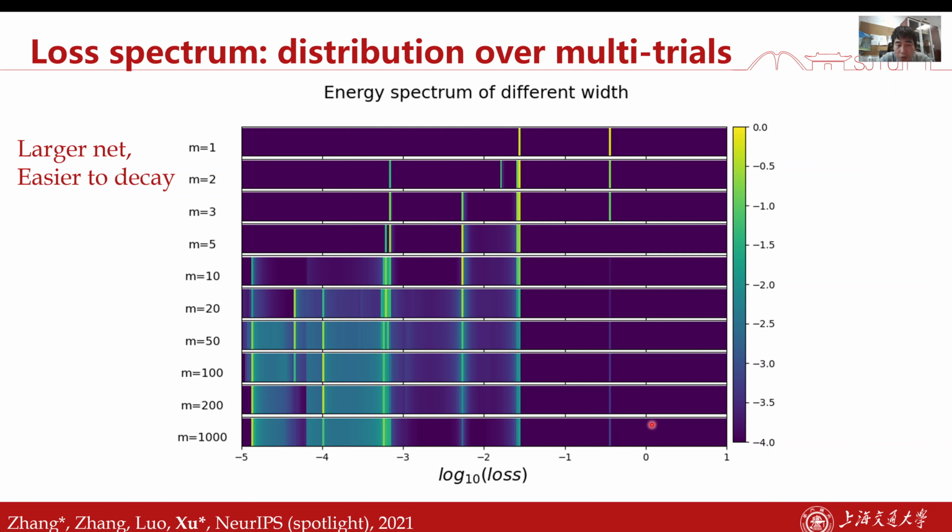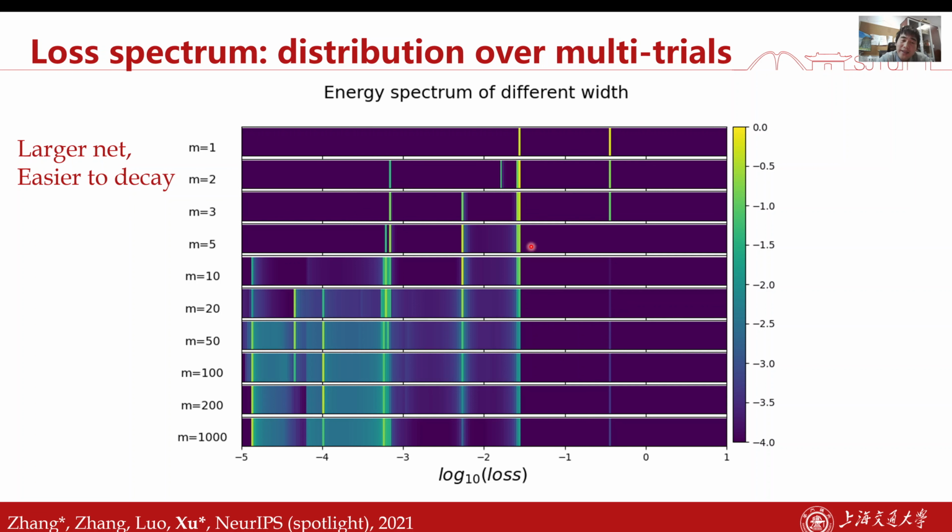For large networks, this is less bright, meaning the large networks stay at this loss value for fewer training epochs, so they can escape this loss value much more easily compared with the smaller width networks.